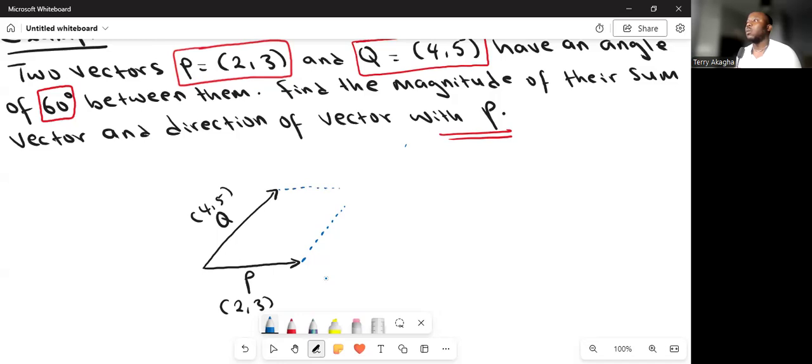We have this one here, and this one here, and the resultant R is going to be from this point all the way up here. So we're going to use the parallelogram rule of vector addition.